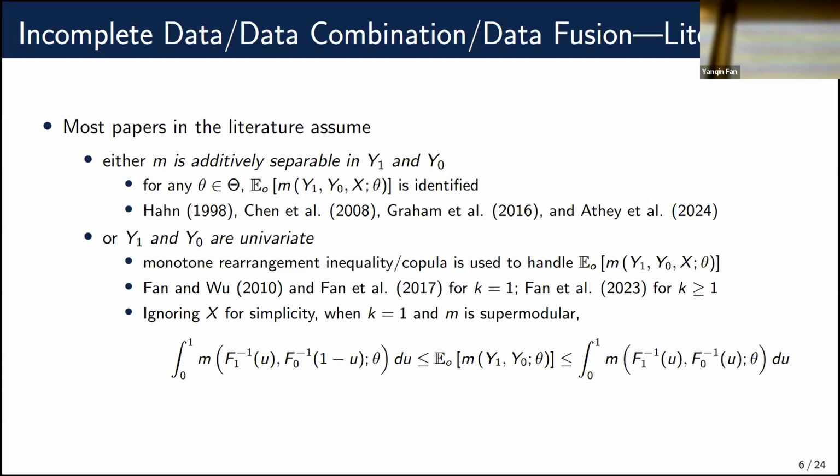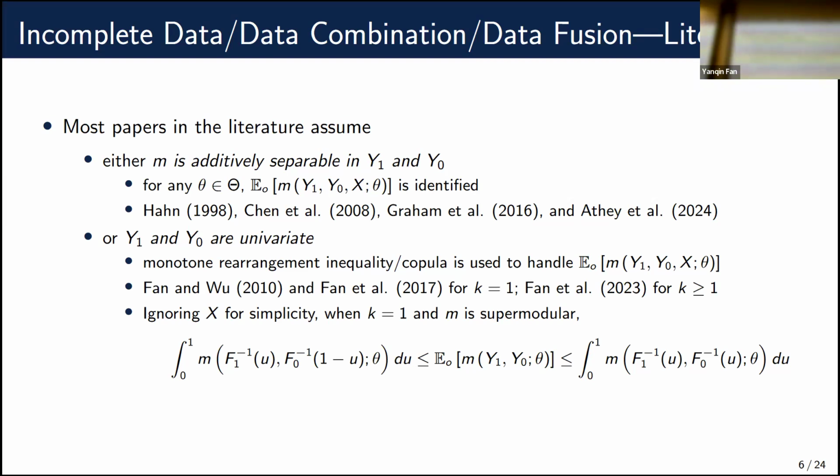You can mimic what's done for incomplete data, assume a rank condition and so forth, then you can point identify the parameter of interest theta star and subsequently make inference. That has been done in the literature, and in fact, this paper belongs to this category.